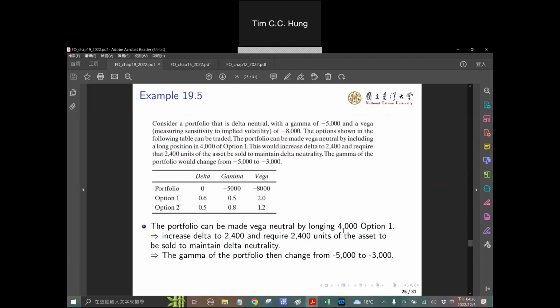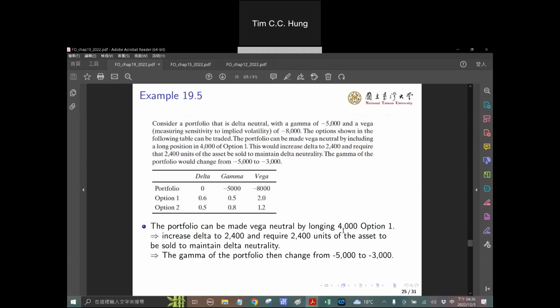Okay. Two options for you guys to trade. And also, of course, you should be aware that the underlying asset is available. So we try to come up with a combination of these additional options in the situation where we can get ourselves delta, gamma, and also vega neutral.